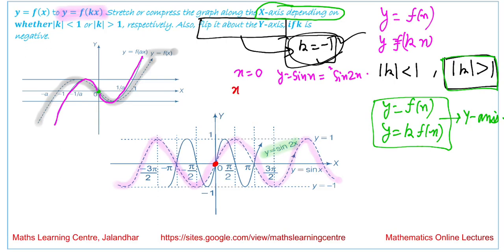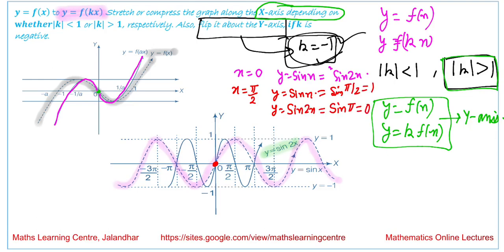When x is equal to pi by 2, we calculate the value of y is equal to sin x, and we calculate y is equal to sin of 2x. So this value is equal to sin of pi by 2, and this value is equal to sin of pi. This answer is 1 and this answer is 0.